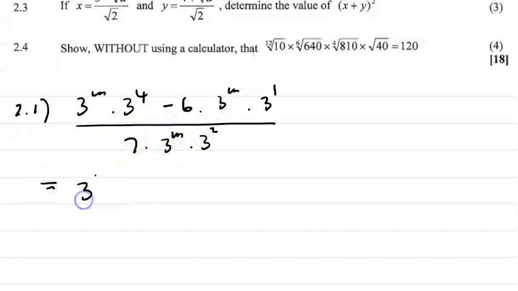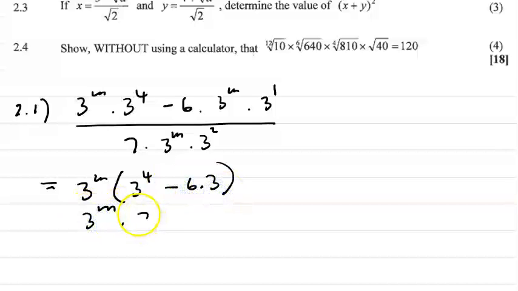In our next step, we can take out 3 to the m as a common factor, and we're left with 3 to the 4 minus 6 times 3, all over 3 to the m times 7 times 3 squared.